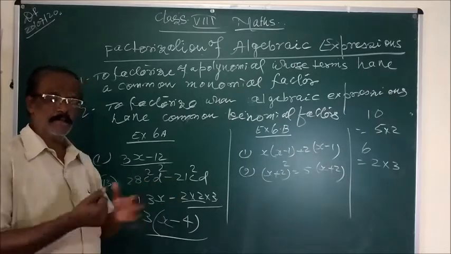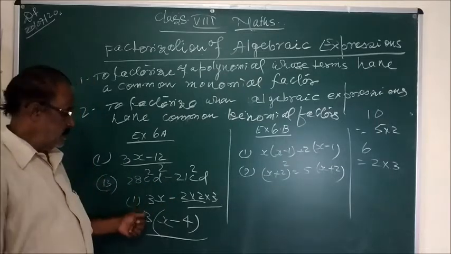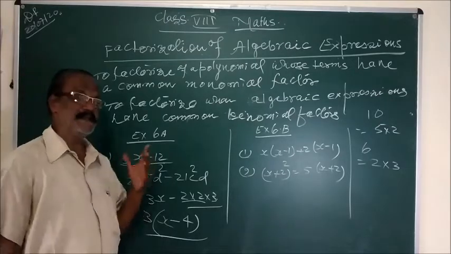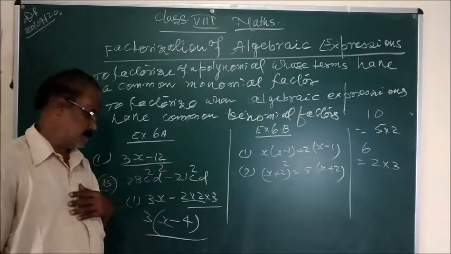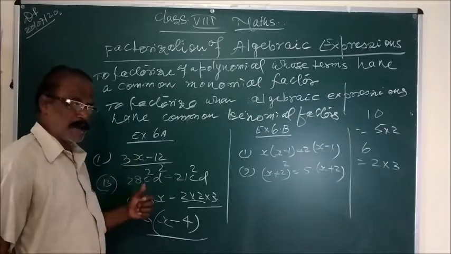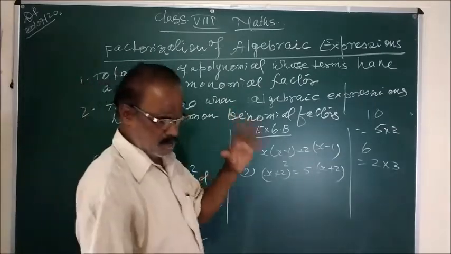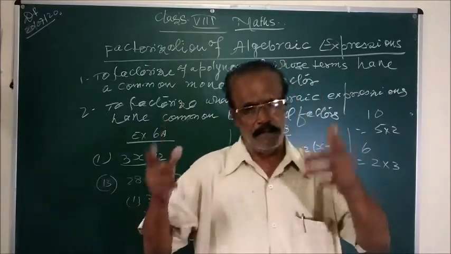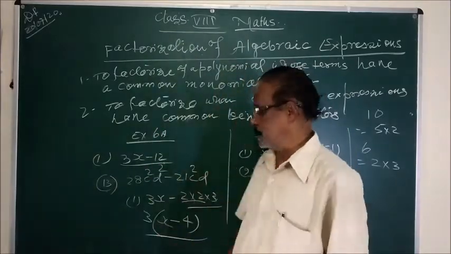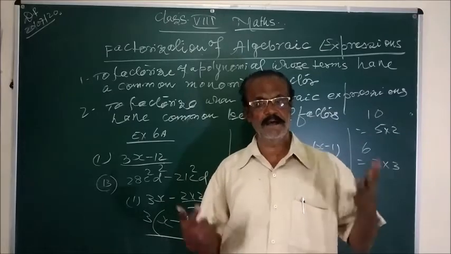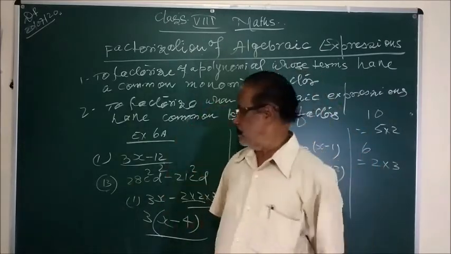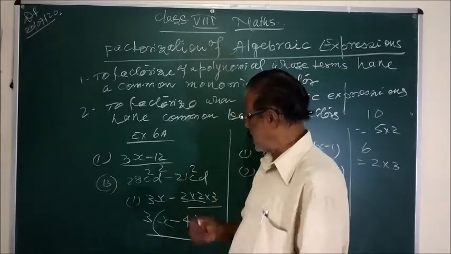And if you find the product, यदि इन दोनों का प्रोडक्ट निकालेंगे तो जो algebraic expression दिया है, you will get the same result. So product and factorization, यदि इसको समझना चाहें तो just opposite to each other, एक दूसरे का opposite. Product, you know very well, if we multiply algebraic expression to another algebraic expression, that is called product.